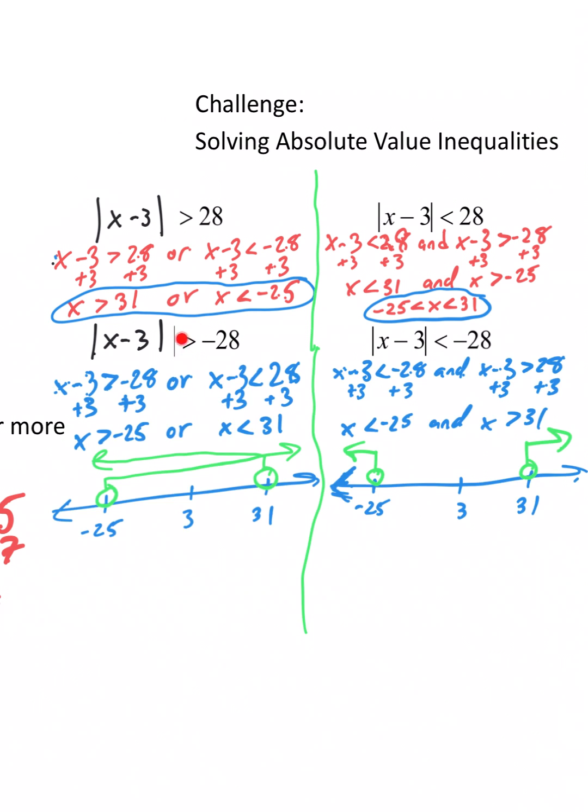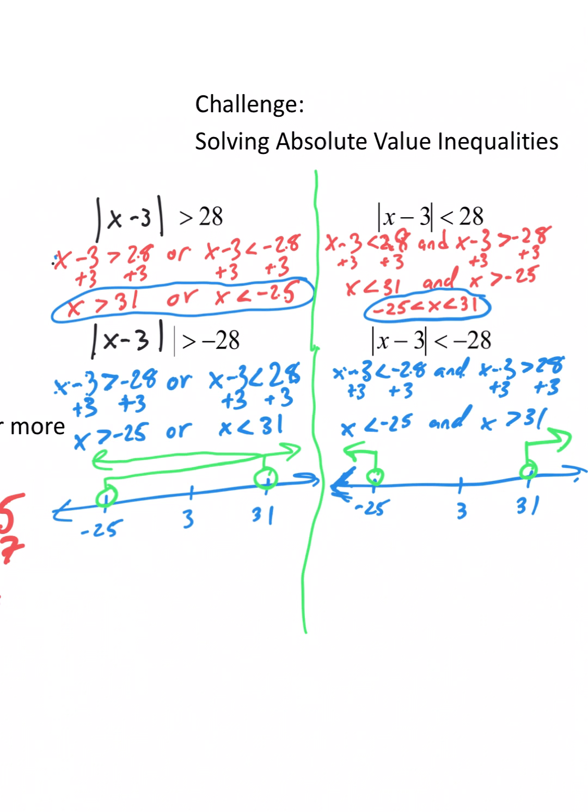So this first one was a greater than sign, so we had an or statement. This one's a less than, so we had an and statement. We solved them. We said, okay, x is either greater than -25, which is all these points that go on forever in this direction, or x is less than 31, which is all these values that go on forever. And that covers every single value.